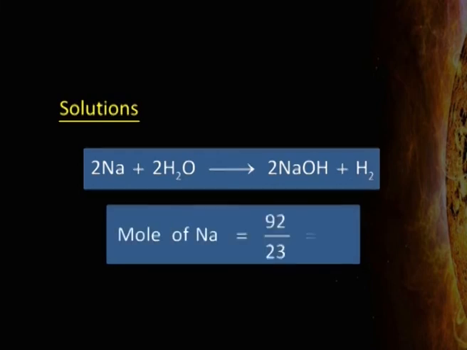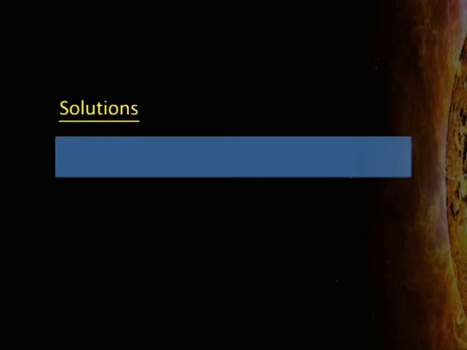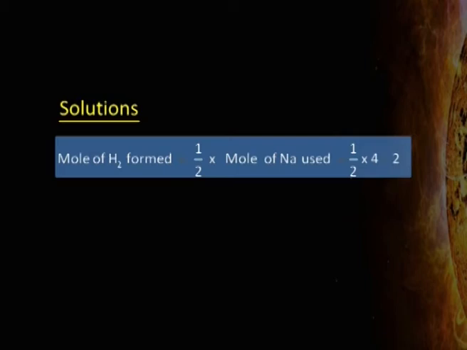Number of moles of sodium will be equal to mass of sodium upon atomic mass of sodium, that is 92 upon 23, which is equal to 4. Now moles of hydrogen formed will be equal to half of the moles of sodium used, that is half multiplied by 4, which is equal to 2.